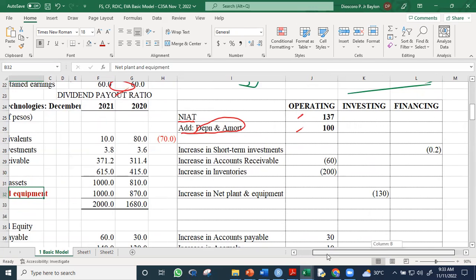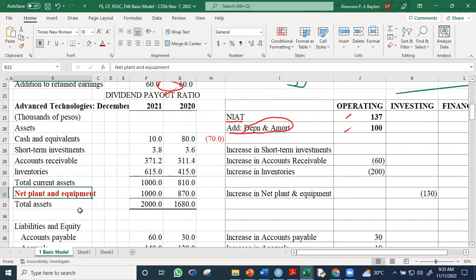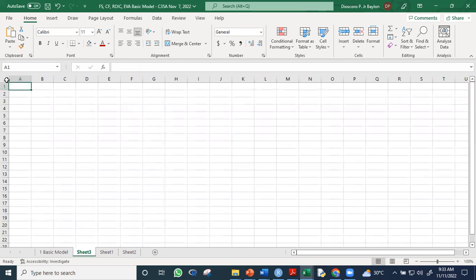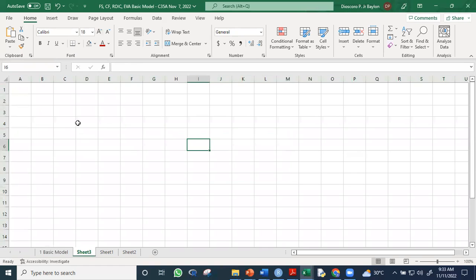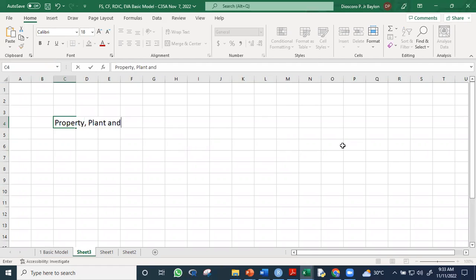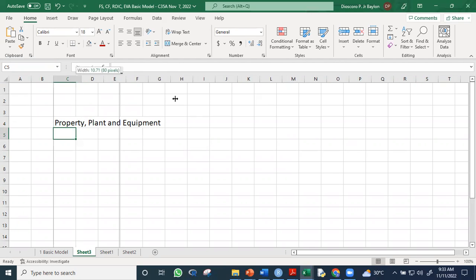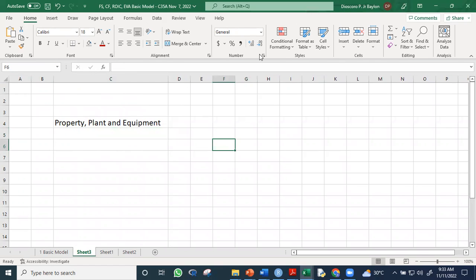Class? What's the implication of the word net here? Let me just use another worksheet. So when we say net, class, what do we mean? Anyone? What do we mean by net? What's the implication of if we have that word net there?